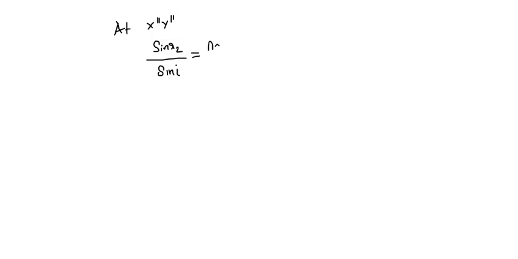So n1 by n3. Always in the numerator it will be the medium into which the ray is traveling, remember that. In the notation we will write it as going from 3 to 1. This is equation 3.